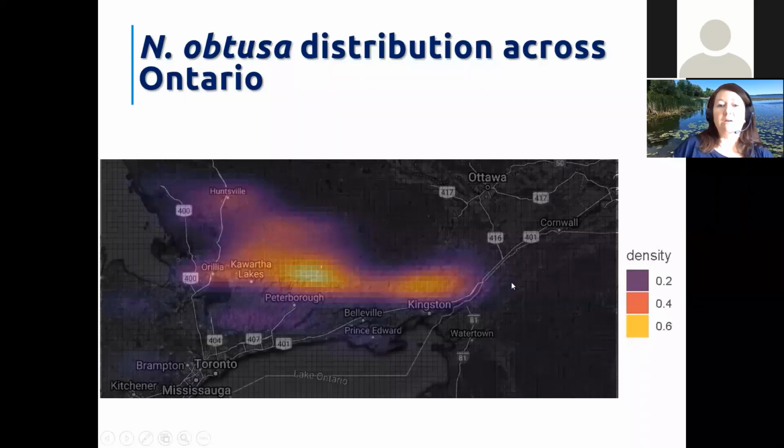So I just wanted to give that little tidbit. Right now, Tyler's working on niche modeling and other types of models to try to understand more what's driving abundance in the different lakes. But I thought that was a nice visual representation of how prolific and abundant obtusa is throughout cottage country in Ontario.